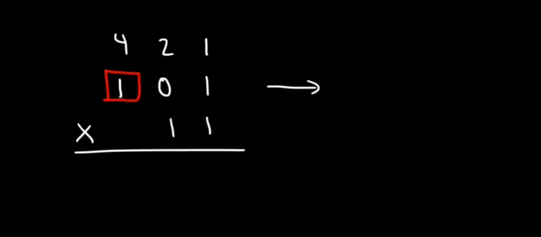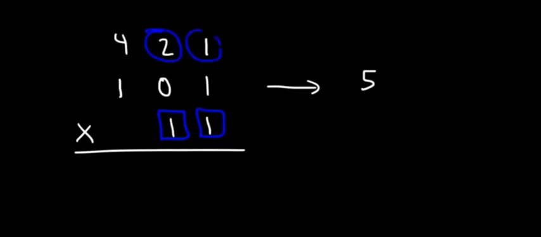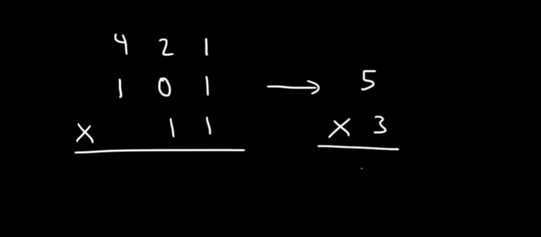And 11 gives you 3. So 101 in binary means 5 in decimal, and 11 means 3. So 3 times 5 is 15.